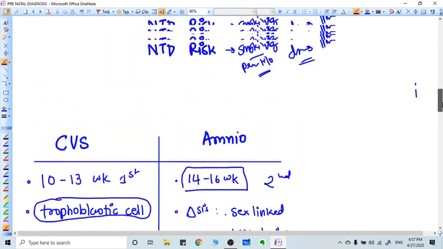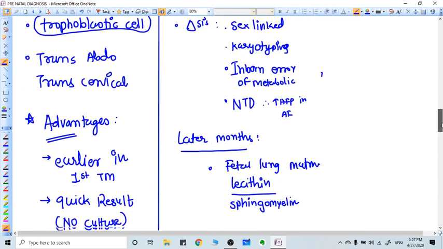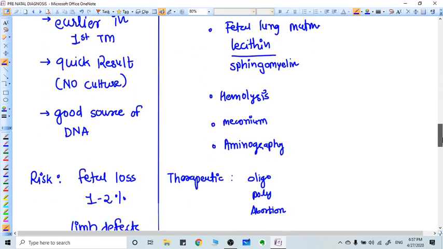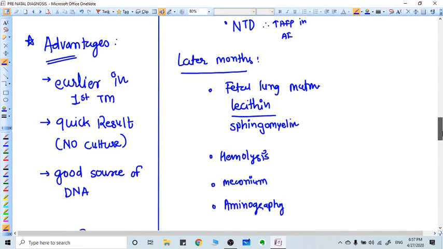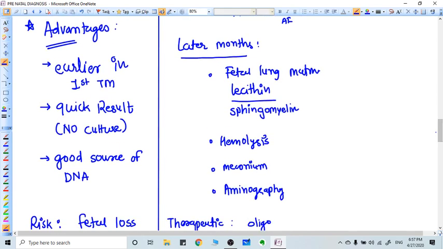Some advantages of amniocentesis over CVS are that we get the amniotic fluid, and amniotic fluid is a very important tissue to examine. For example, for fetal lung maturation, we can see the lecithin sphingomyelin ratio. We can see hemolysis in case of RH immunity problems. We can identify meconium present in it.